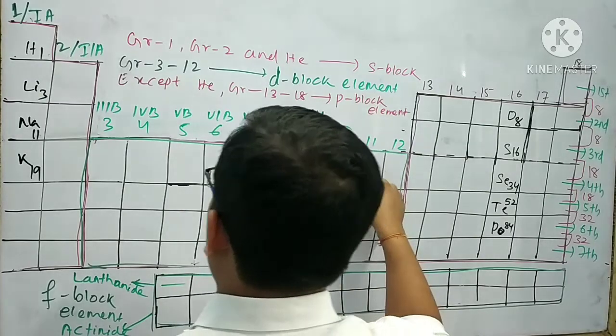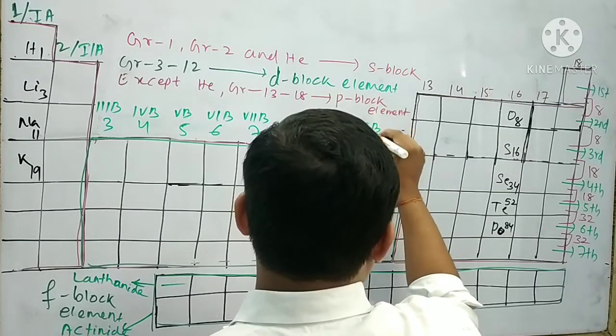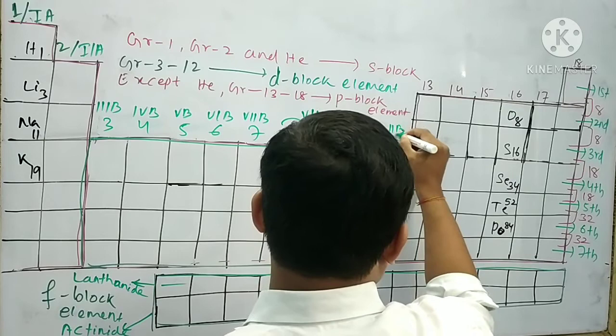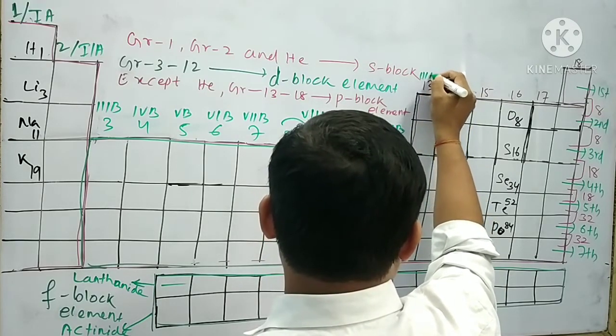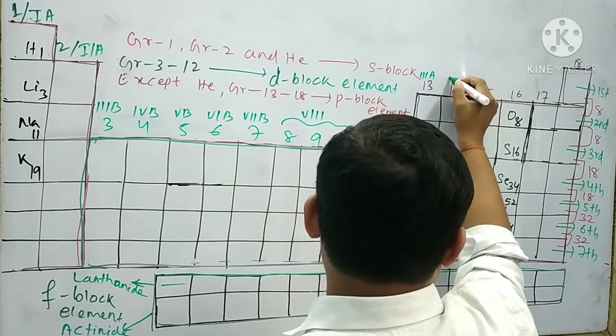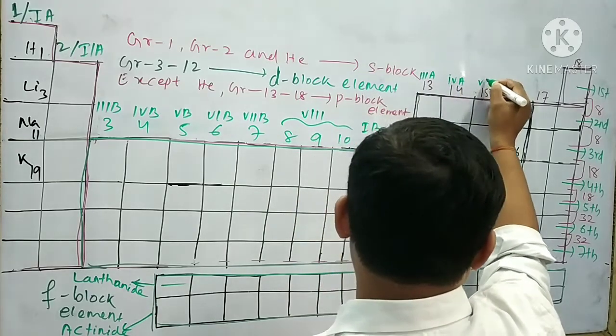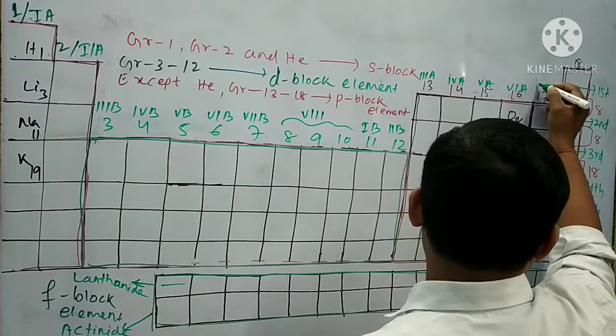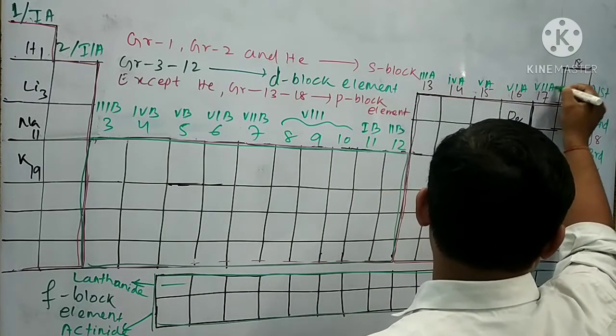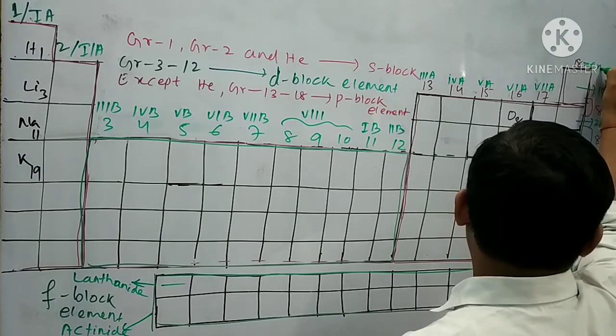This is called IB, this is called IIB, this is called IIIA, this is your IVA, this is VA, this is said to be VIA, this is said to be VIIA, this is your zero group.